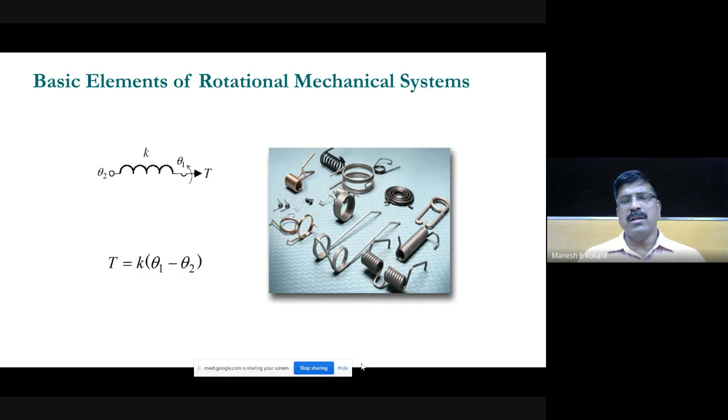So here, again there are three elements. The basic elements of rotational mechanical systems are the spring, the inertia element, and the dashpot element. The only difference is that the motion is around its own axis, instead of the displacement being along a straight or curved path.